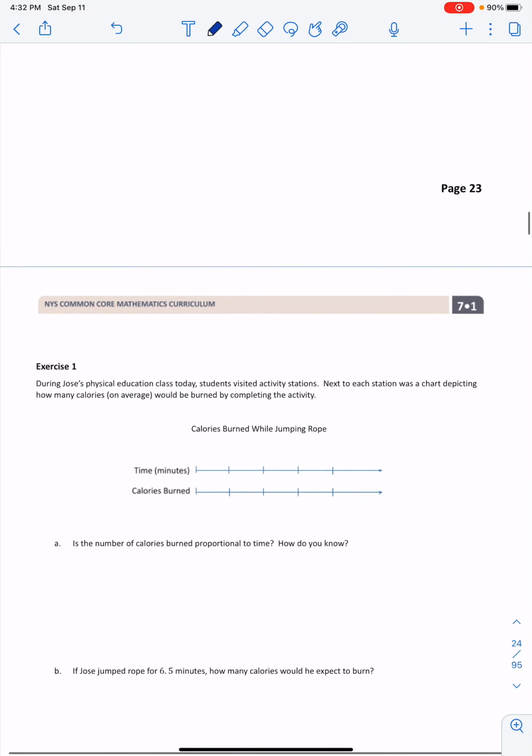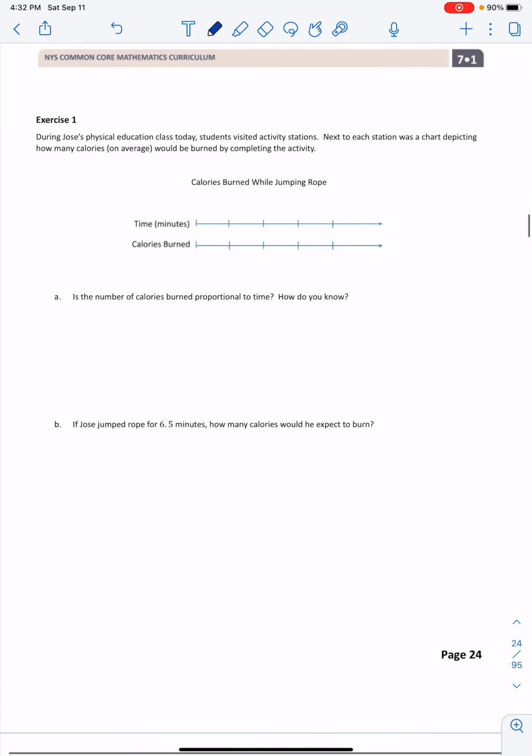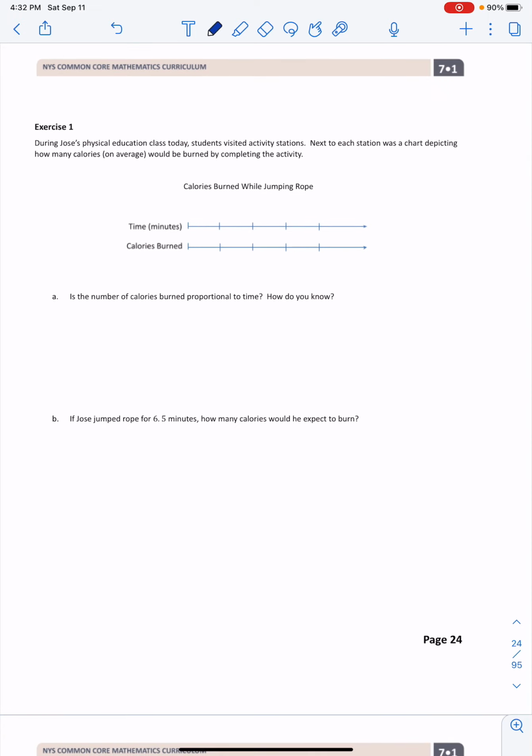So next, during Josie's physical education class today, students visited activity stations. Next to each station was a chart depicting how many calories on average would be burned by completing the activity. Again, let me put these numbers in because they didn't come over.